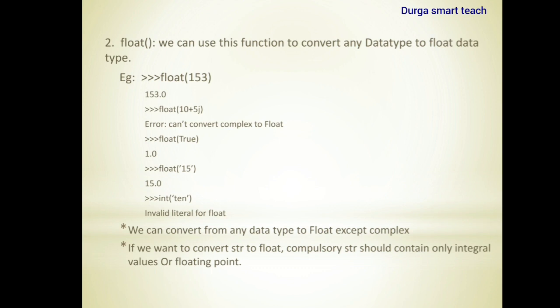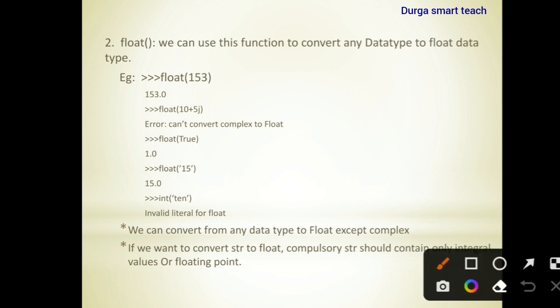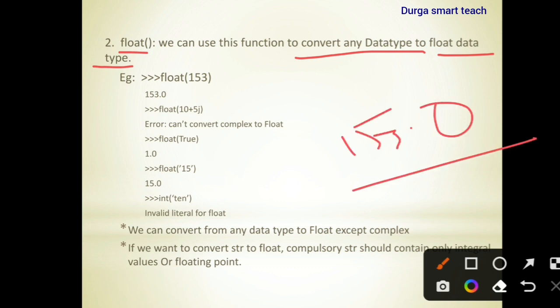The next one is the float function. By using this function we can convert any data type to float data type. What is float? A float contains a fractional part. Some number and then it contains a fractional, decimal part.